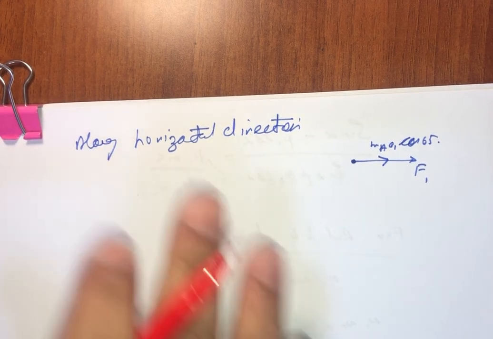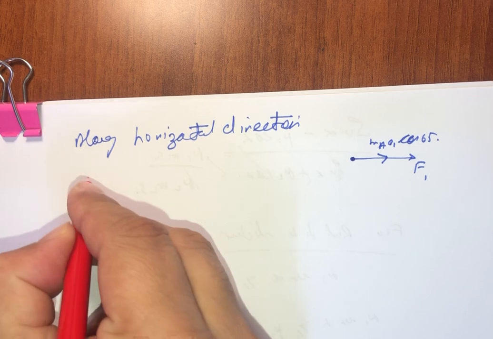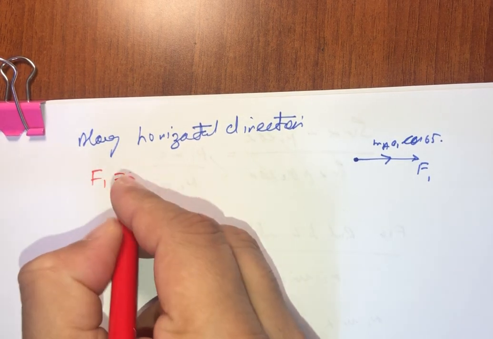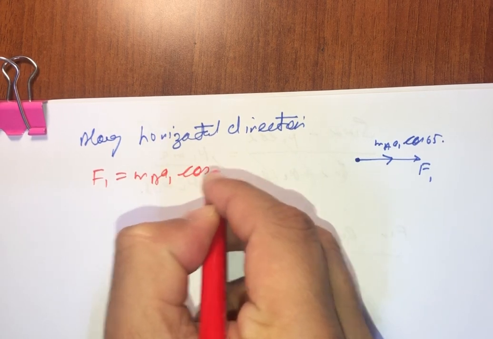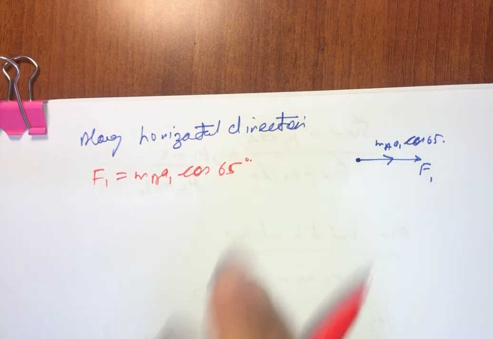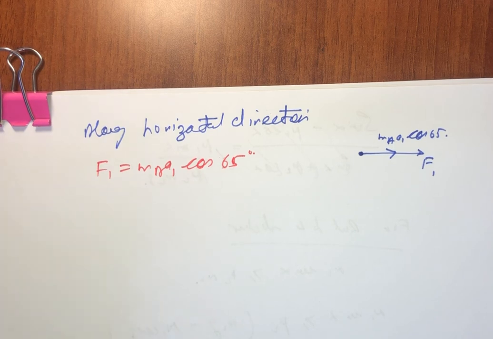So from here we can say that our F1 will be equal to M_A A1 cos of 65.